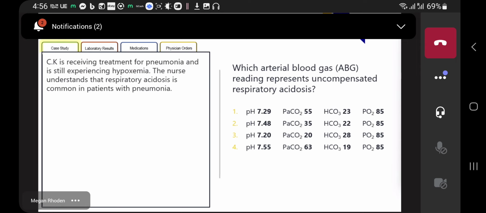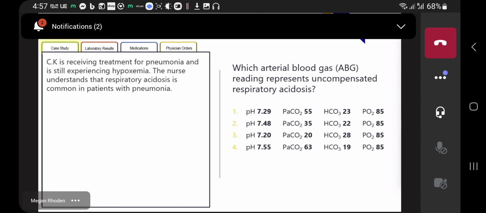But uncompensated respiratory acidosis: is it going to be number 1, a pH of 7.29, a PaCO2 of 55, an HCO3 of 23, and a PO2 of 85? Number 2, a pH of 7.48, a PaCO2 of 35, an HCO3 of 22, and a PO2 of 85?